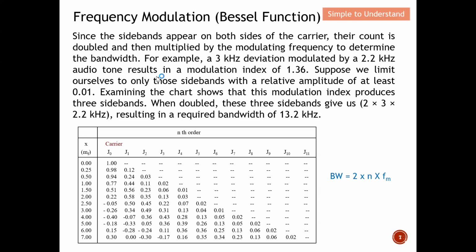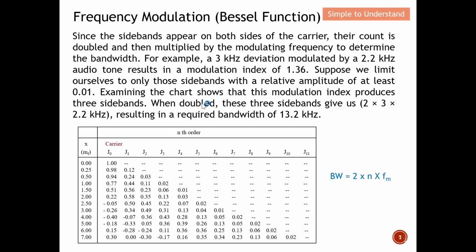So basically, this is what I mean. Examining the chart, we show that this modulation index produces 3 sidebands. As I mentioned earlier on, this one I can ignore because 1.36 is in between here. So I'm quite confident to say that this 0.02 on this part here will be significant. And if I take a close look here, the n order is equal to 3. Therefore, I know that the significant side frequency is 3, which means that n is equal to 3.